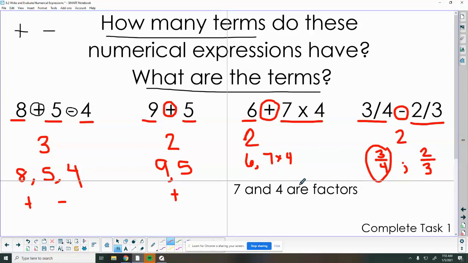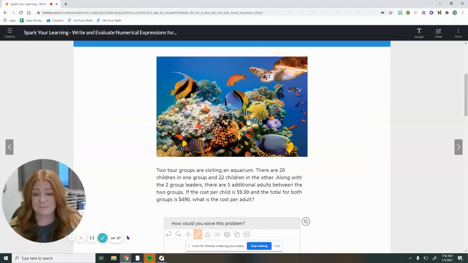So when we multiply, they're called factors. When we have fractions, this is really just a divide symbol, and we call it quotients. So circle your add or subtract signs. Everything between those is a term, and then you can tell me were the terms added, were there factors, were there quotients. So I want you to go ahead and try task 1 here.